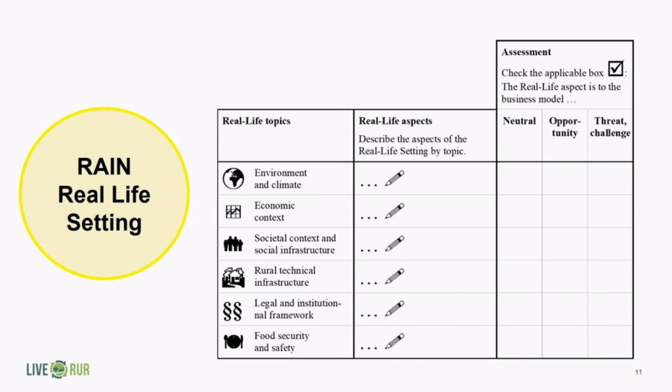The RAIN real-life setting addresses the given physical and non-physical environment which may limit, enable or in an ambivalent way affect the business. The RAIN real-life setting is structured by the 6 before mentioned topics, which may represent regional opportunities or challenges which might be of importance for designing a project: environment and climate, economic context, societal context and social infrastructure, rural technical infrastructure, the legal, institutional and political framework, and food security and safety.